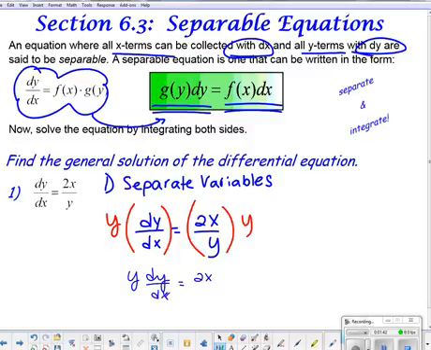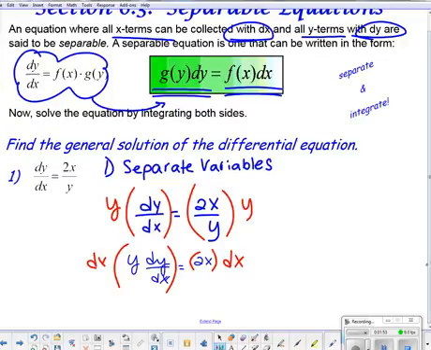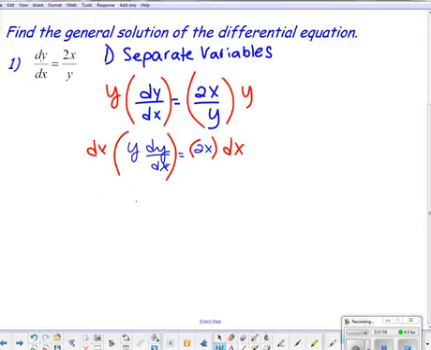And finally, I want to get rid of the dx, so let's multiply by dx on both sides, differential x. And that brings us to an equation that has a separation of variables. So I have y dy is equal to 2x dx. A good place to begin integrating.